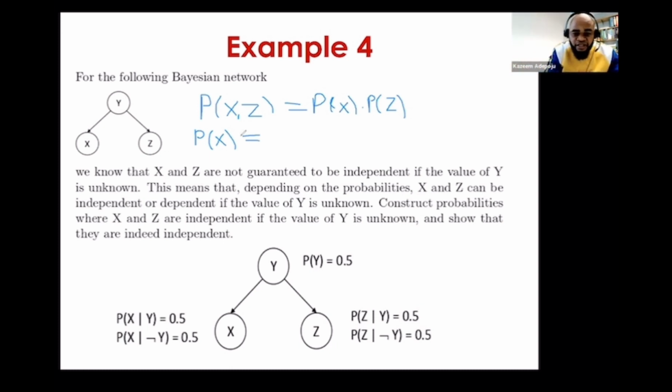If I want to get the probability of X, I need to get the probability of X, comma Y, plus the probability of X, comma the complement of Y. Don't forget the total probability. So if I want to rewrite this guy now, according to the network, X is conditioned on Y. So I'm going to have the probability of X given Y, and don't forget, I'm going to multiply by the probability of Y.